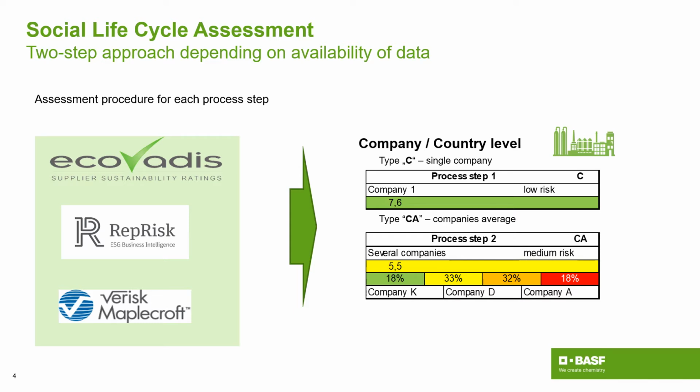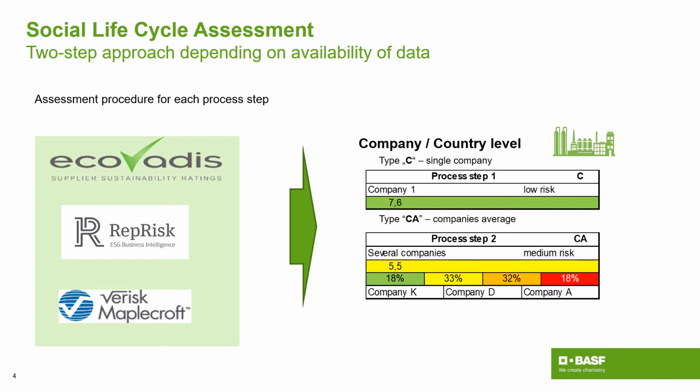You see here process step 1, for instance, there's one company in there. We found some information on EcoVadis, for example, and we could give them a score of 7.6, which means it's a green score. So this scale is again also linked with a color code.